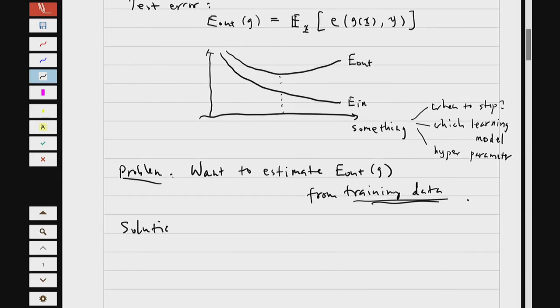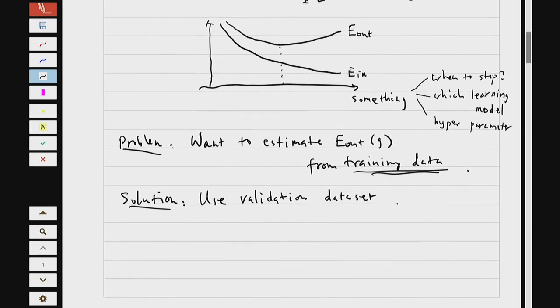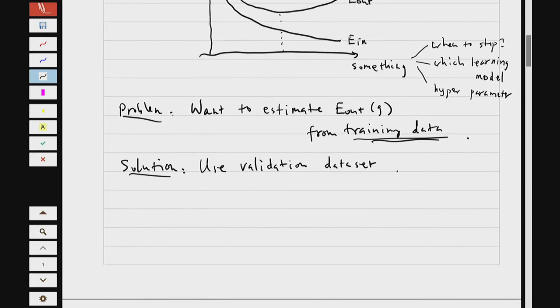Of course, the solution you have seen already in your programming assignments, we do validation. Yeah, we use a validation data set. But the validation data set does not come out of nowhere, right? We only have the training data set. So the only way you can have a validation data set is to split it away from your training data set.